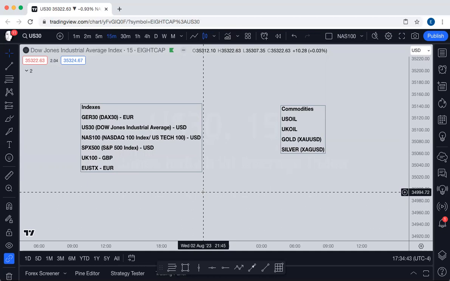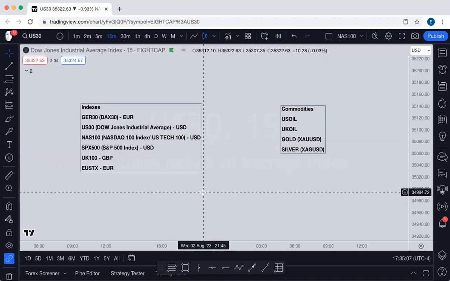That will be affected by any Euro news, okay? You have US 30, which is your Dow Jones Industrial Average, okay? Obviously, that is on the New York Stock Exchange. That has to do with USD. You have NAS 100. It is also known as NASDAQ 100 or US Tech 100. It is also USD.